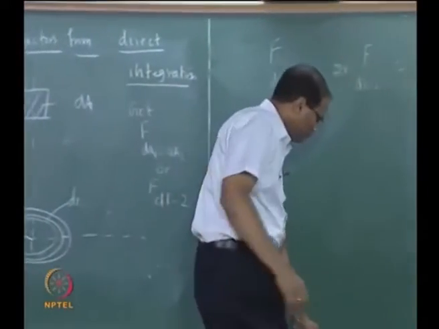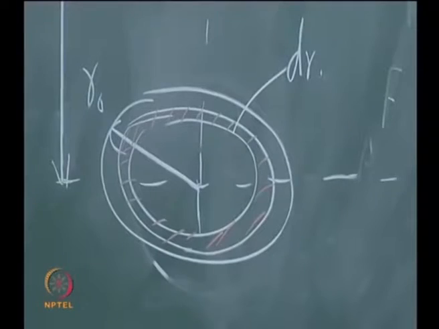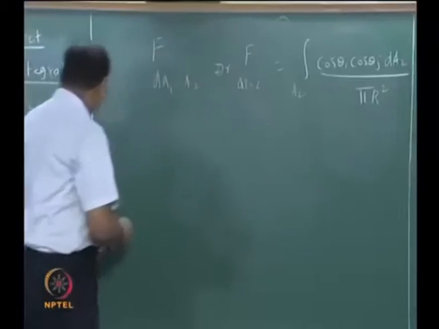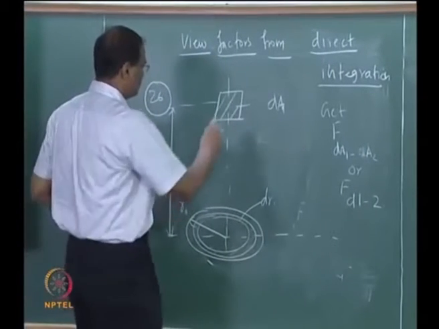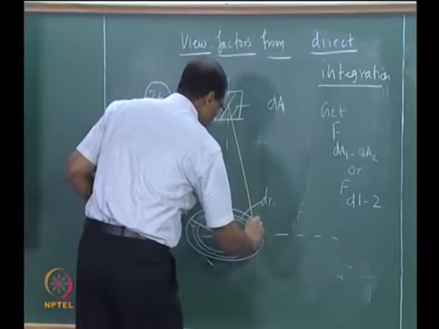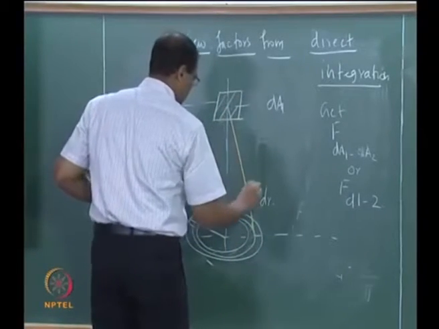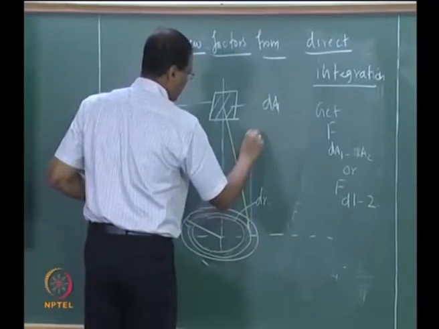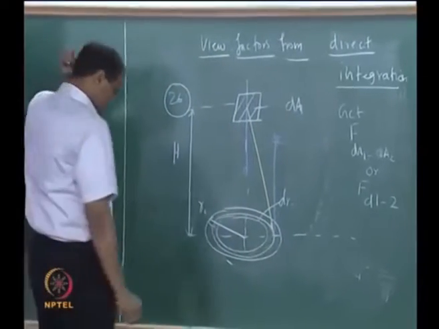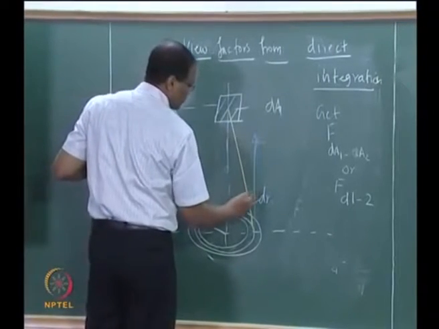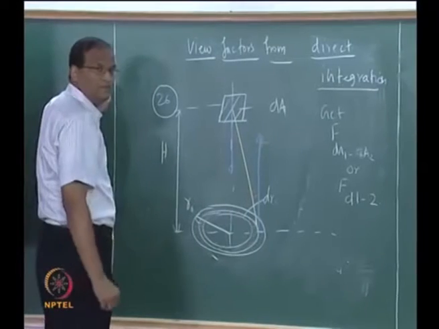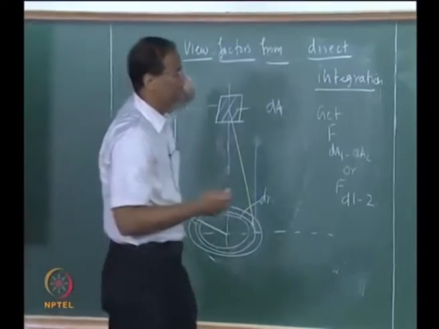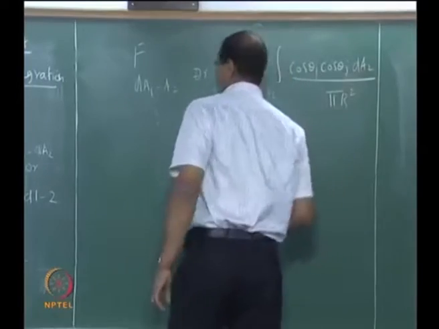Now what is that and what is that? Cos theta I or theta I, yeah, 1, okay, theta 1 theta 2, okay. What is this?